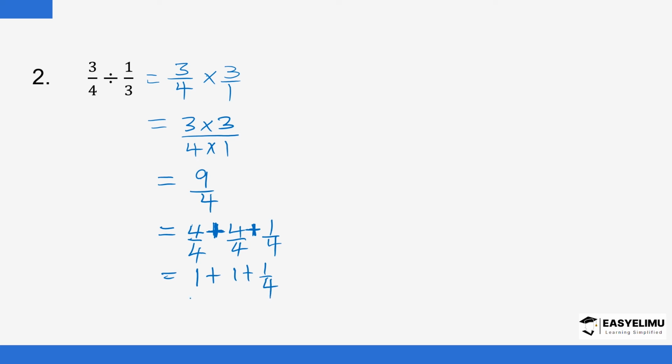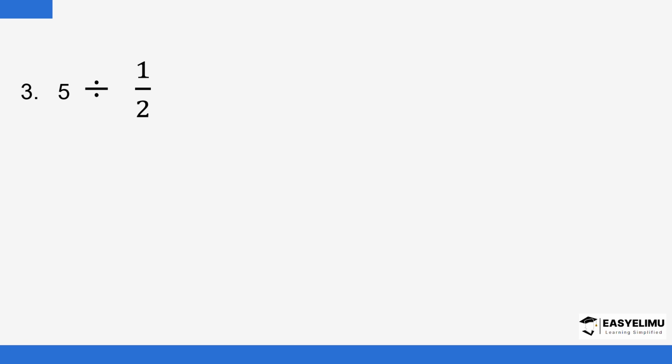And this is 1 over 4. So this is going to give us 2 and 1 over 4. So it means the improper fraction 9 over 4 can be simplified to 2 and 1/4. That is how you go about it.